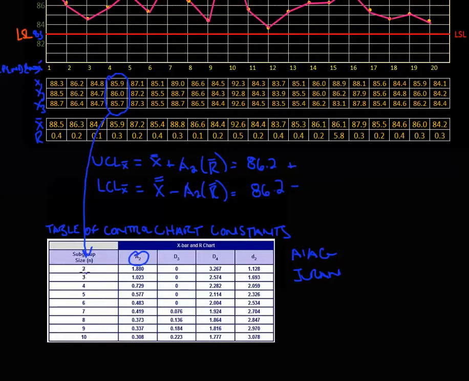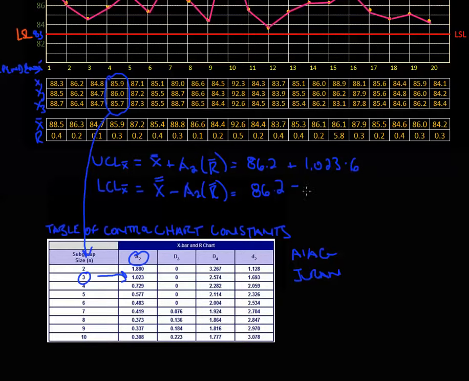In our case, the subgroup size is 3, or the sample size is 3. So if we slide over, we can look at the A2 value, 1.023. So that's a factor that's used to multiply. It's used as a multiplier of our R bar value of 0.6.